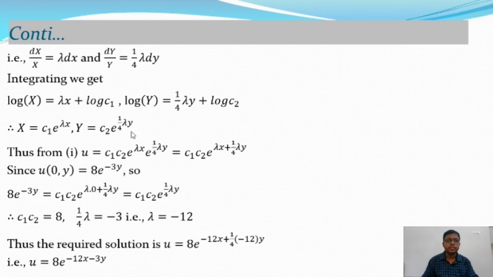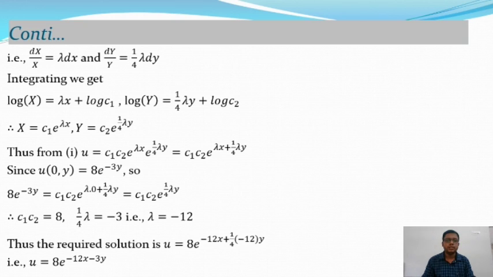Okay, so these are the solutions of x and y, and after putting the solutions of x and y into equation 1, we will get the general solution. So u is equal to c1 into c2 into e to the power lambda x into e to the power 1 by 4 into lambda y, where x is equal to c1 e to the power lambda x, and y is equal to c2 e to the power 1 by 4 into lambda y. And this is the general solution, where c1 and c2 are the integrating constants.